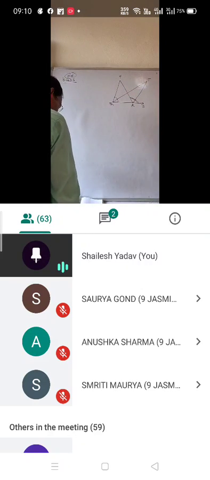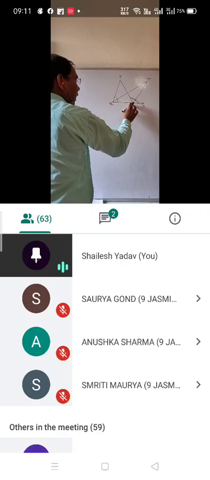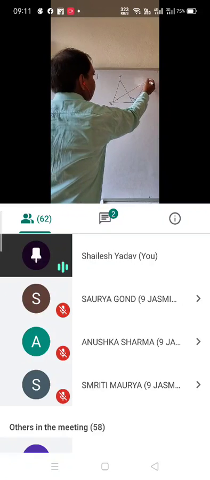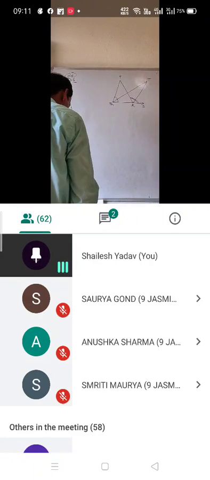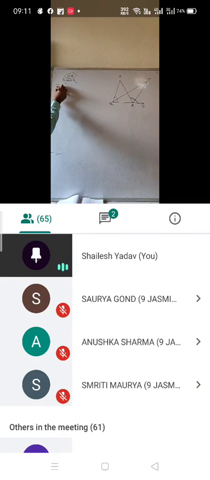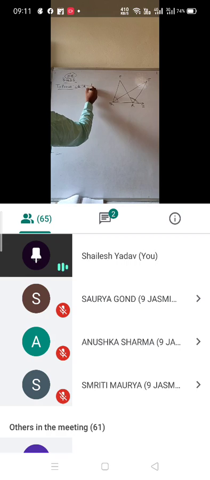So in the question it is given that if the bisectors of angle PQR and angle PRS, both the bisectors are going to meet at point T. Now here what you need to prove? So in this question you need to prove that angle QTR equal to half angle QPR.